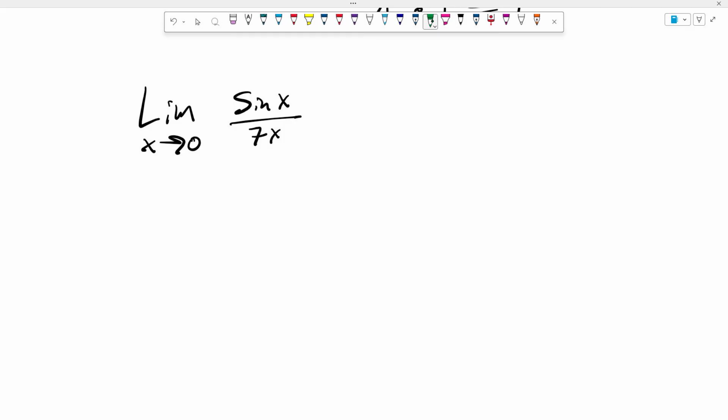All we do is factor out the coefficient, like 1/7. We get 1/7 times 1, which is 1/7.